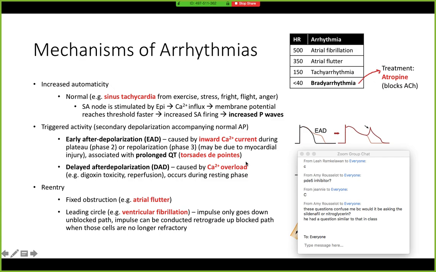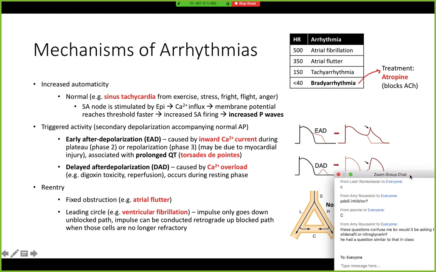Okay, so I pulled these antiarrhythmic drug slides mainly straight out of one of Ali's study guides, just because they were so good. The ones I made wouldn't have been as good, so we'll just go ahead and use these.